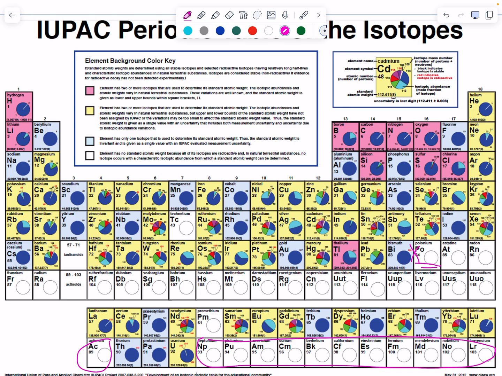Promethium is the one exception. Atomic numbers above 83 have no stable isotopes. So let's talk about what makes isotopes stable, okay?